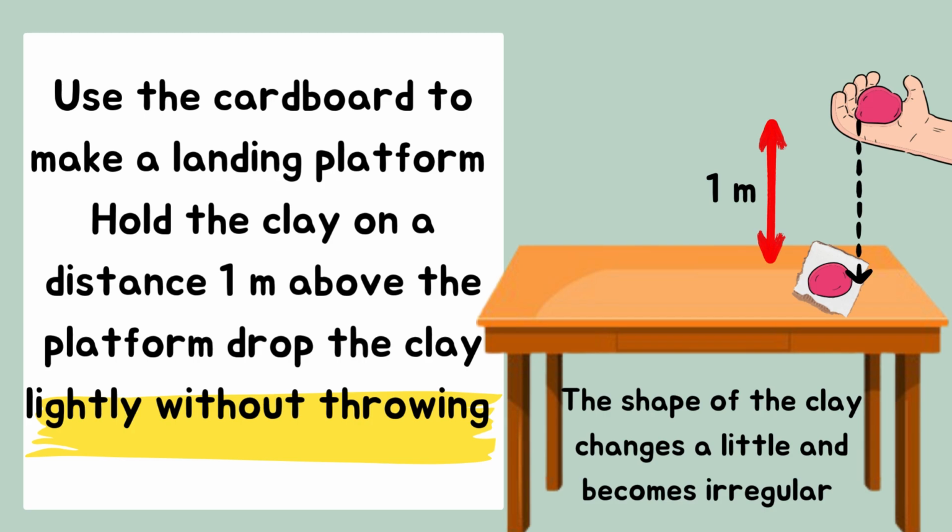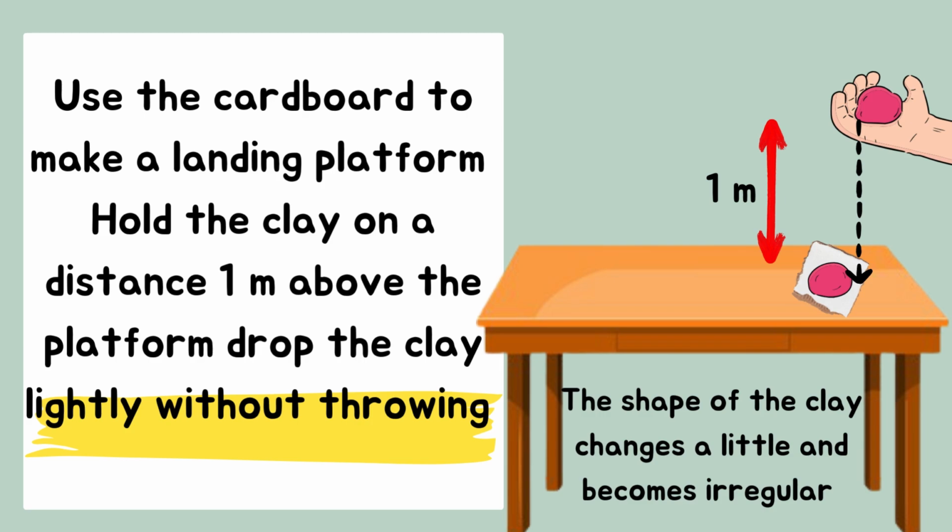This is an indication that when we use gentle force while dropping the clay, and the clay collides with the platform, which is the cardboard, the shape of the clay changes a little. That means there is less damage.